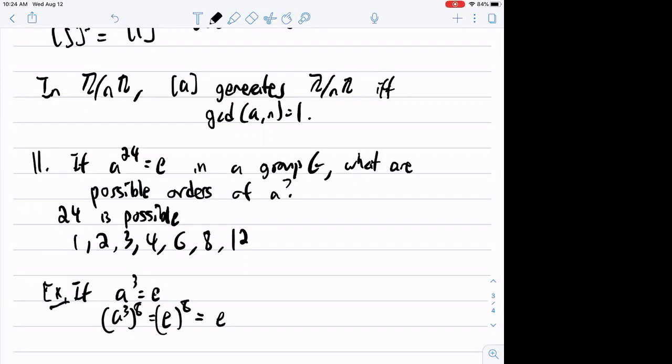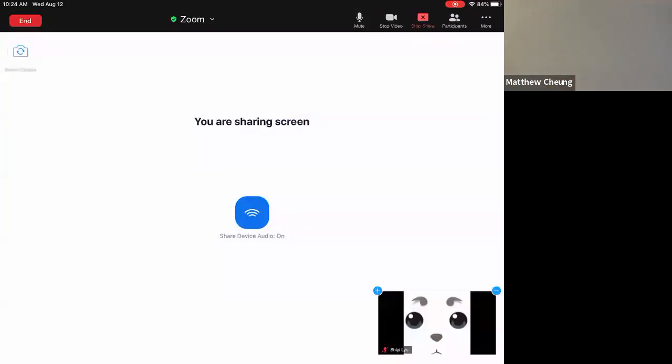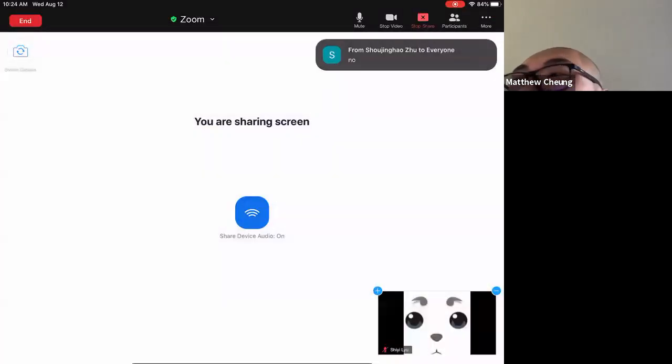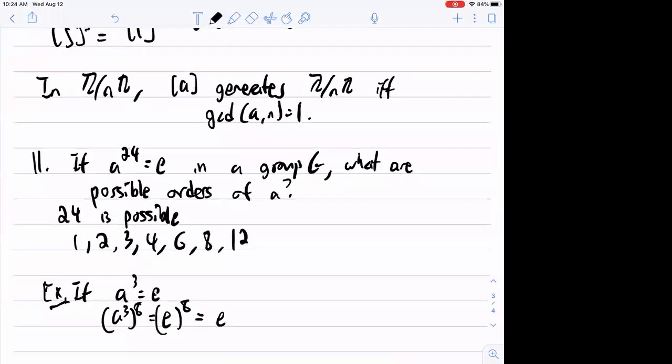Now, so the question becomes, can it be a non-divisor? No, why? By the way, you don't have to chat. You could unmute yourself, it might be faster that way. So, for example, why can't A to the 5 be the order?